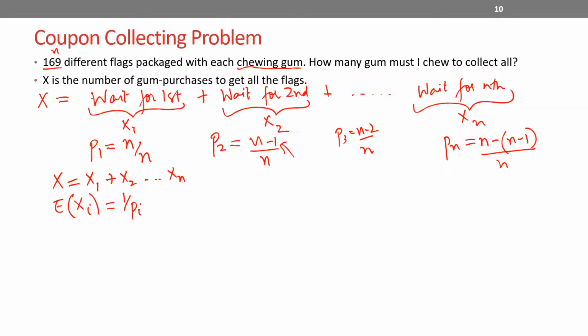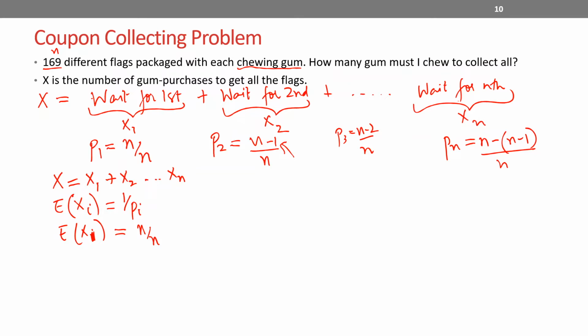Now the E of x of i is different for different random variables here. For this problem specifically, my P of i changes as I wait from first to second to third. That's the slight difference between this problem and the one before. Here my probability changes, and so the expectation for each one changes.